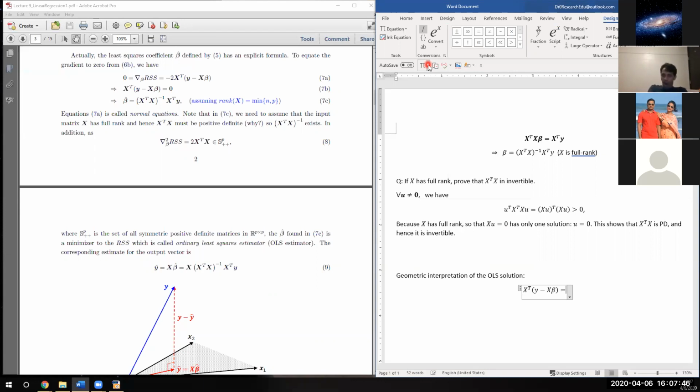This tells you this. X beta is y hat, right? And y minus y hat is the error.